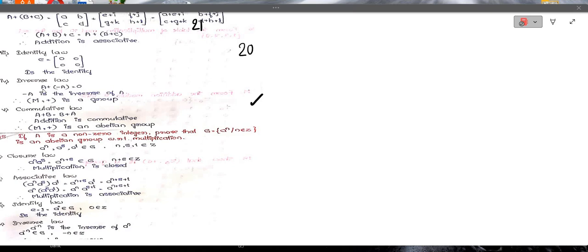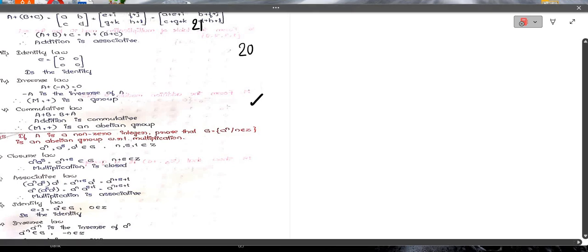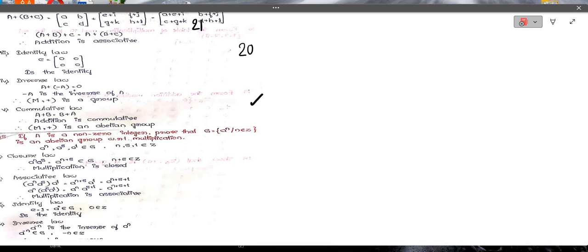Next, inverse element. Inverse element means A + (−A) equals 0. If we take A as [a b; c d], then −A equals [−a −b; −c −d].